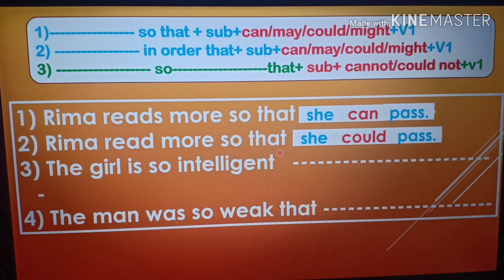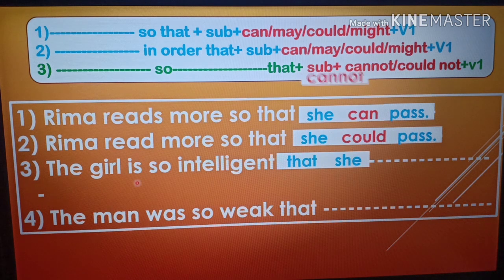So there is no that here, and we have to write down that at first, and then we have to write down subject, and subject will be she. The girl is so intelligent that she, and as it is in present indefinite, you have to use cannot.